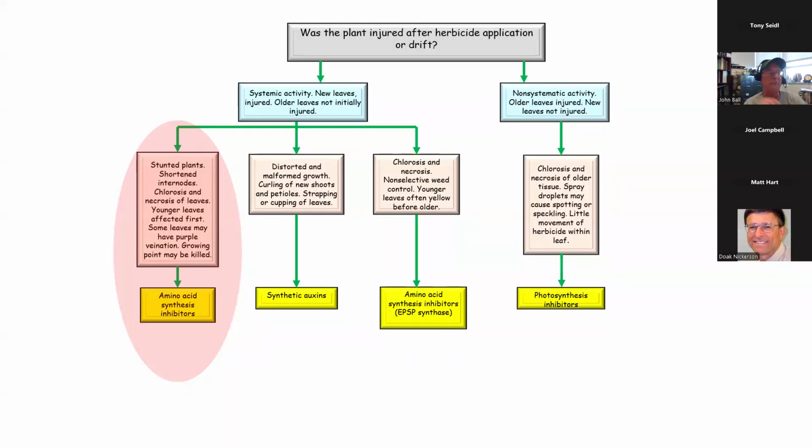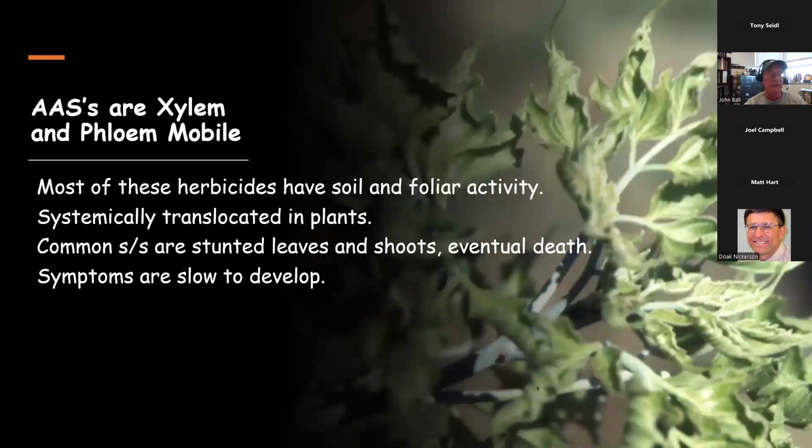You can actually get some purple veins appearing. Growing tips may be flat out killed because you can see the new growth affected first. These have soil and foliage activity and stunted leaves. Now, in this case, symptoms are slow to develop. It might be a week before you notice anything. They're not as quick as the growth regulator ones.